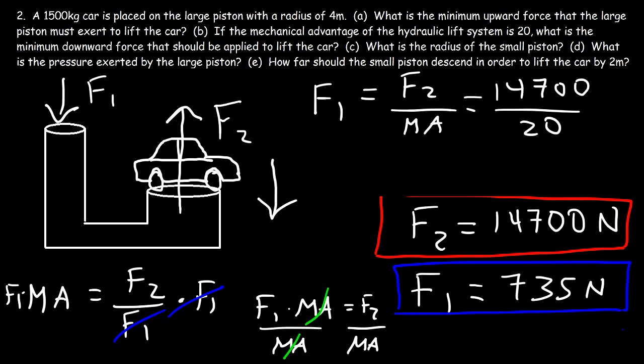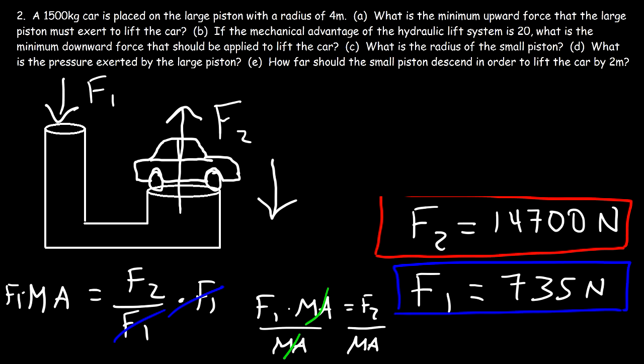Now let's move on to part C. What is the radius of the small piston? So how can we get the answer to that question? Well, according to Pascal's law, we know that the pressure exerted on these two pistons has to be the same.